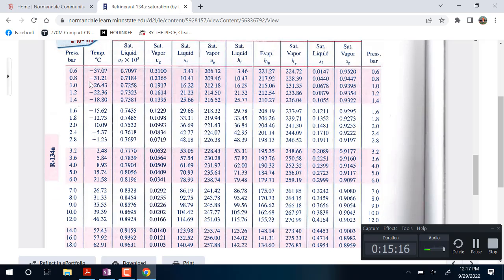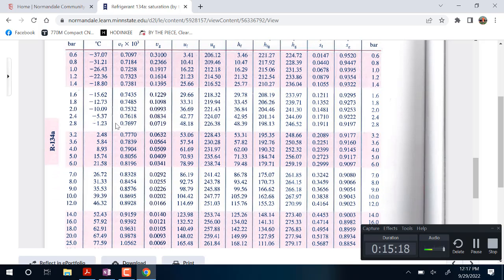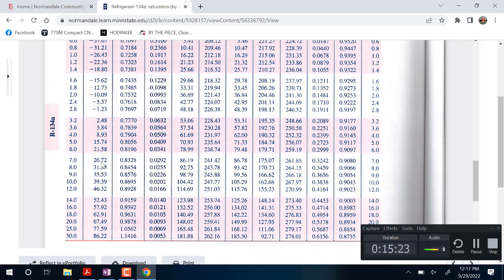This is in bar, so we need 7 bar. So the temperature at the start is 27 to 31 degrees Celsius, somewhere around 30 degrees Celsius. And when it comes out the other side of the diffuser, the temperature's gone up to 106 degrees Celsius.